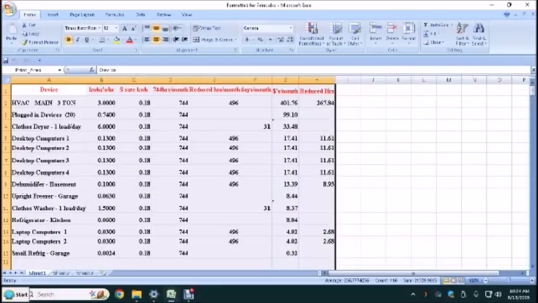It sits uncooled and it can get 90 degrees in the garage, and yet it only costs $8 a month. I'm not changing that. Clothes dryer, 1 load a day. It takes 1.5 kilowatts per hour. At 744 kilowatt hours per month, or running 1 load a day, it costs $8 to do that.